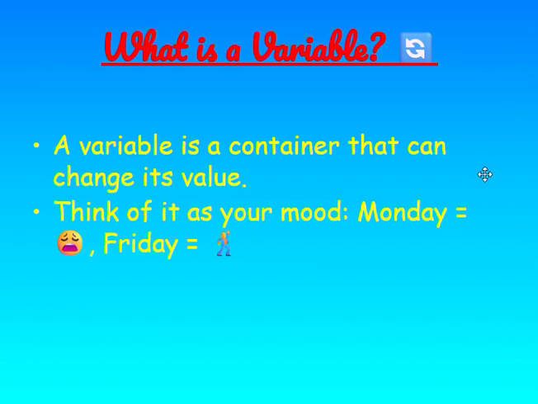Like, on Monday you're like, oh my god, I need to start school again, or I need to start work again. And on Friday, you're like, yay, we have the weekend. So, variables are like your mood, it changes from time to time.